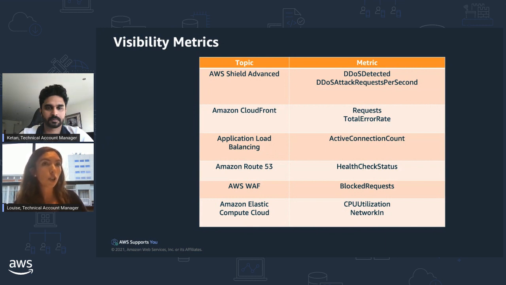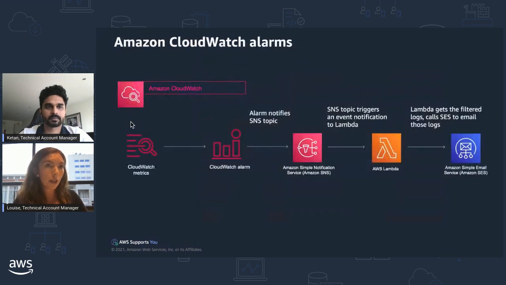By using CloudWatch, which is what's monitoring these metrics, you can monitor any of your applications running on AWS, collect this data, track these metrics, set alarms, and you can also automatically respond to any changes as well. So as I mentioned, the first one is for Shield Advanced, and the rest you can make use of without having Shield. You can also integrate CloudWatch with your own tools or third parties like Slack or PagerDuty as well. So that's what we're seeing here now with CloudWatch alarms.